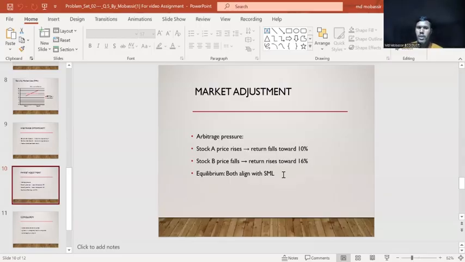That means for stock A, price rises and return falls toward 10%. And for B, price falls and return rises towards 16%. And the equilibrium is met, both aligned with the security market line, SML.